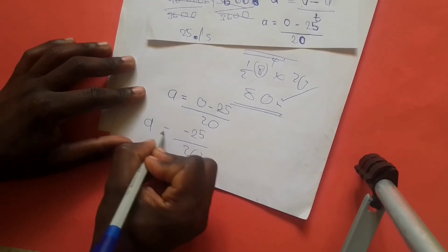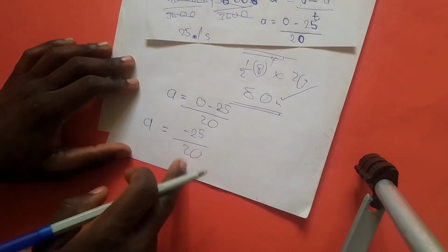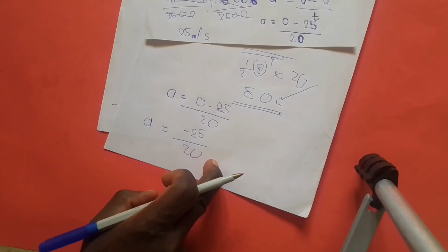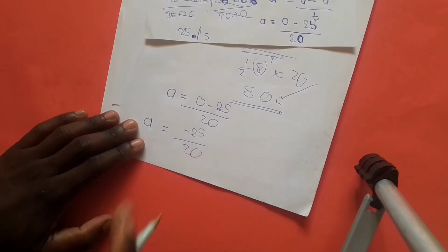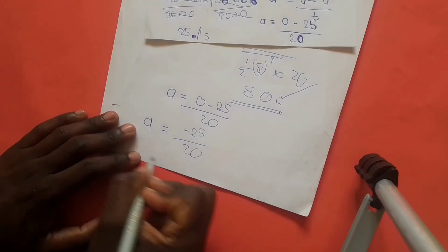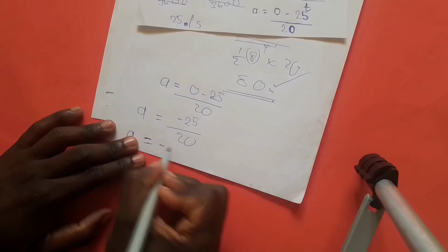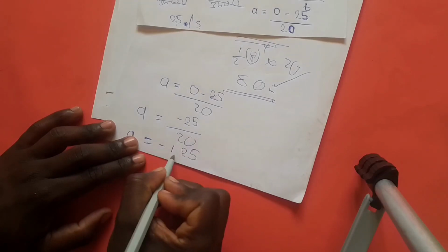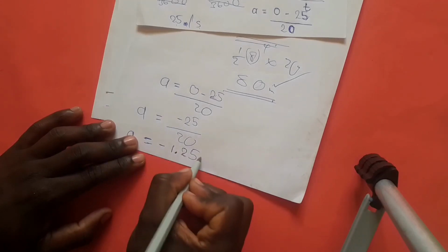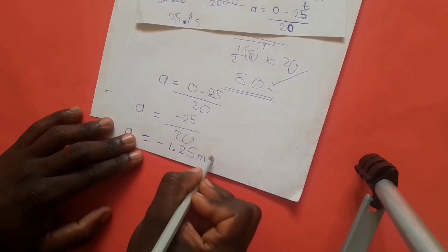So A is equal to negative 25 over 20. If we divide negative 25 by 20, we end up with A equal to negative 1.25 meters per second squared.